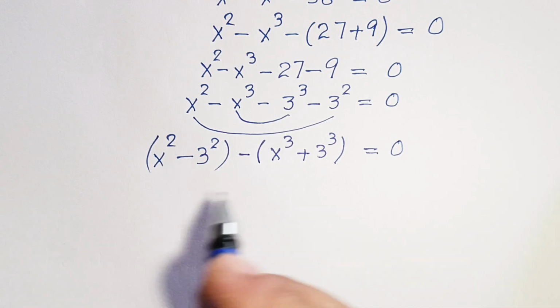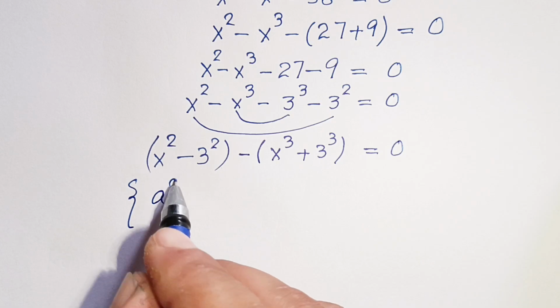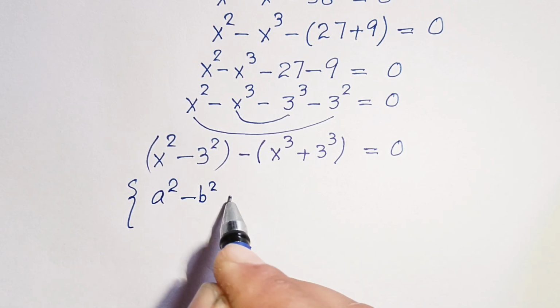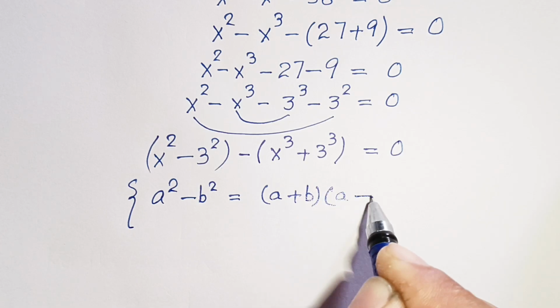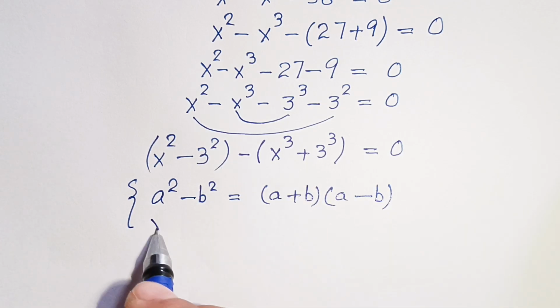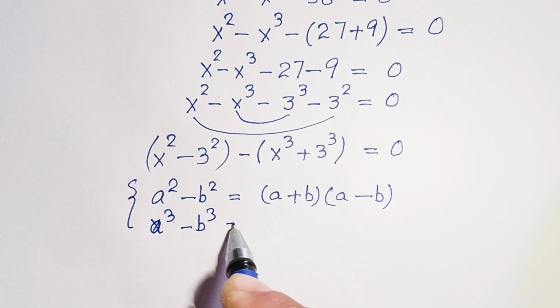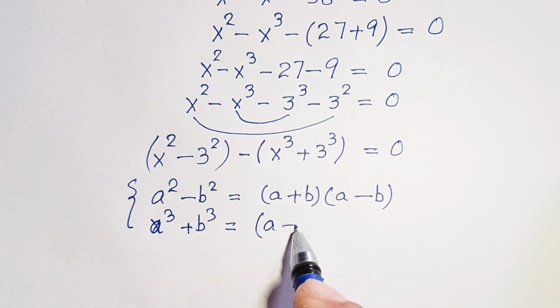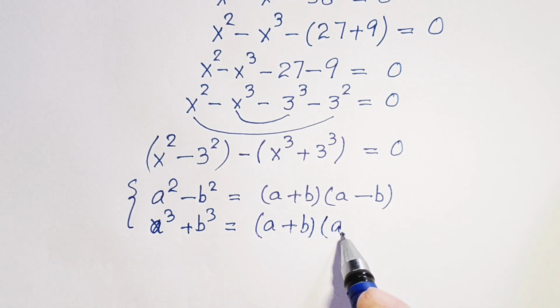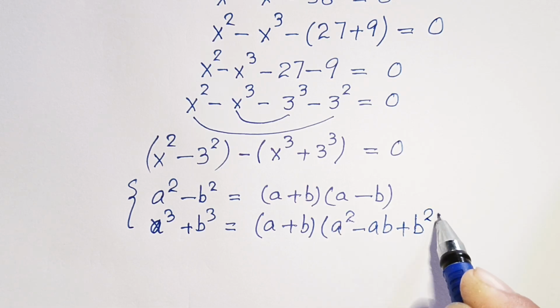As we know by algebraic laws, a squared minus b squared is equal to a plus b times a minus b. And a cubed plus b cubed is equal to a plus b times a squared minus a times b plus b squared.